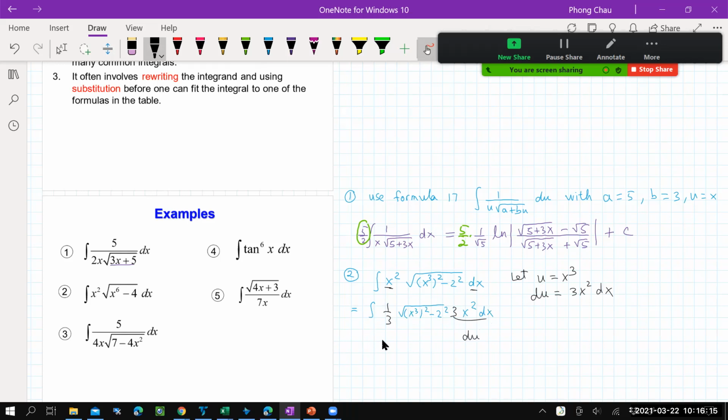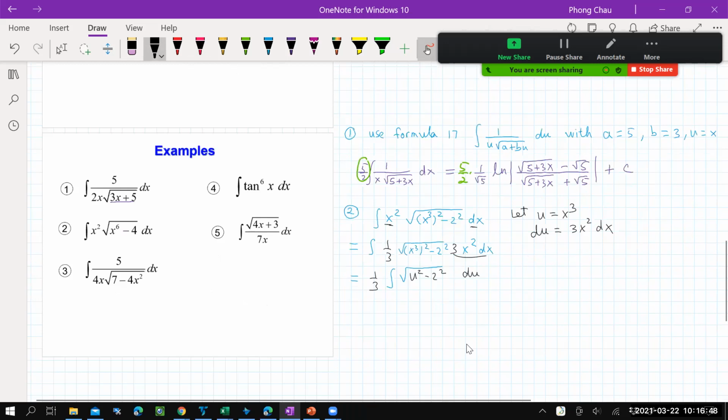Now you have 1/3 that can be carried outside, and it becomes the integral of the square root of u squared minus 2 squared du. Now that fits the form.